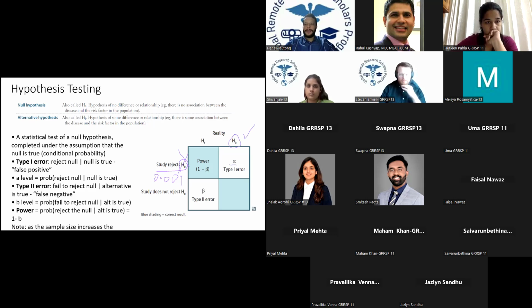Well, this is the alpha, also called the type 1 error. So the type 1 error is the probability that you reject the null, but the null was actually true. So you incur an error, and that's called the alpha.